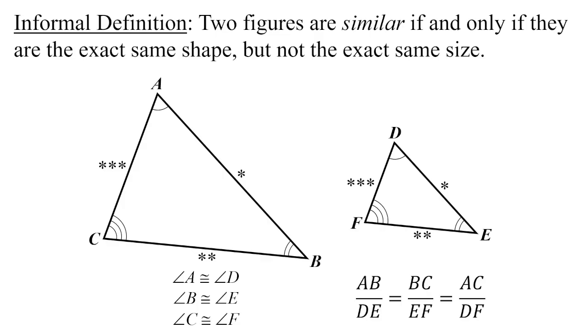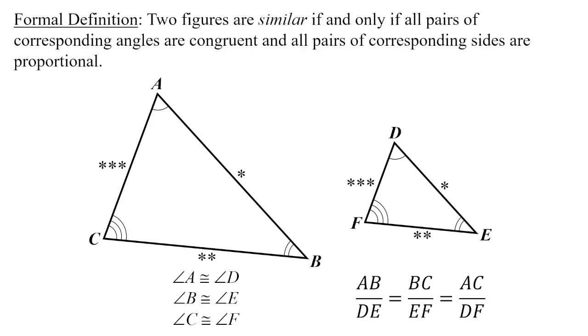So when you're talking about similar figures, their corresponding angles are congruent, but their corresponding sides are proportional. And this leads to the formal definition of similarity. Two figures are similar if and only if all pairs of corresponding angles are congruent and all pairs of corresponding sides are proportional.